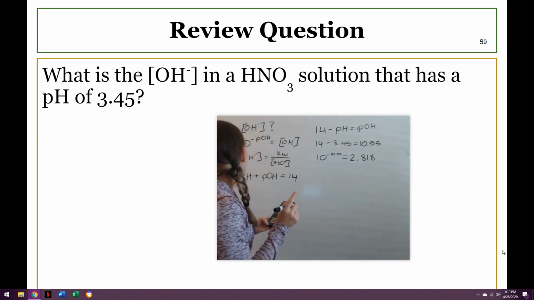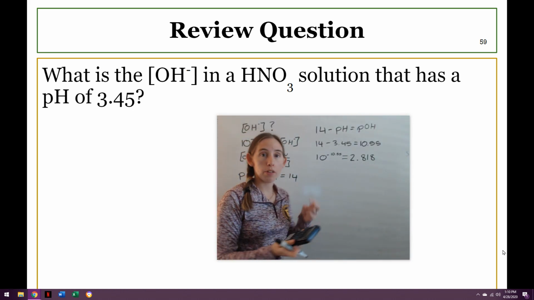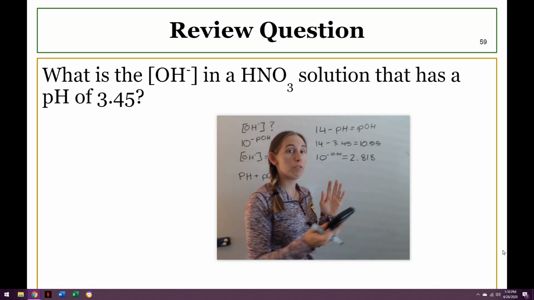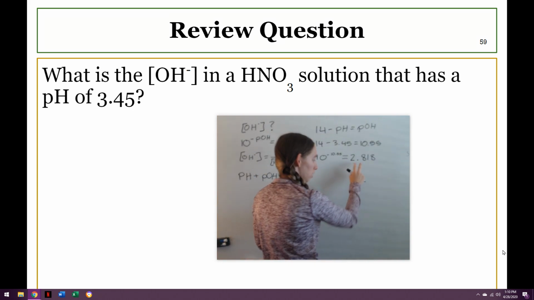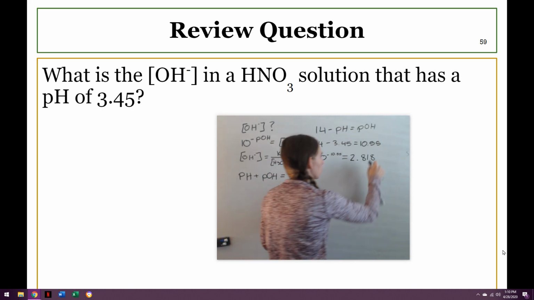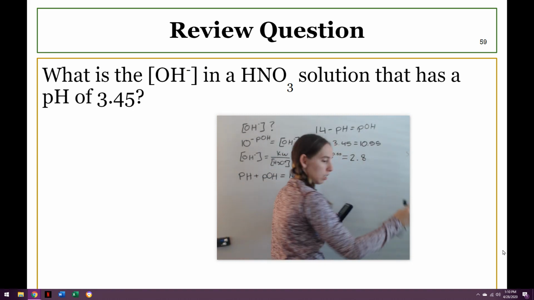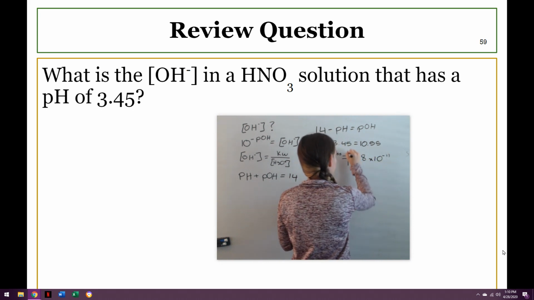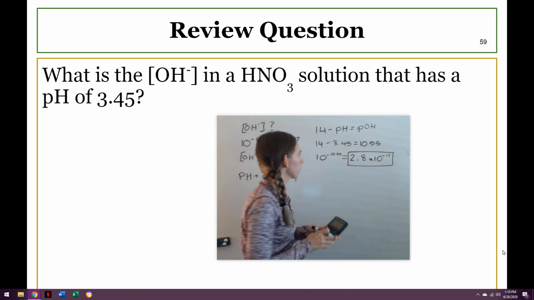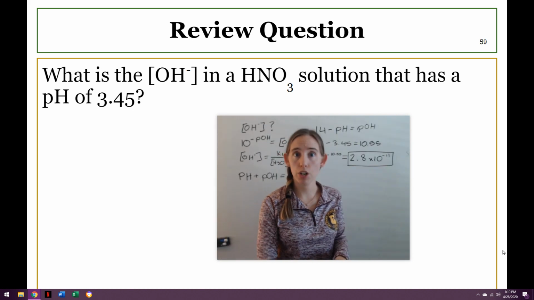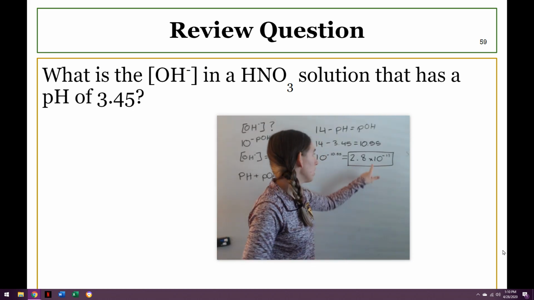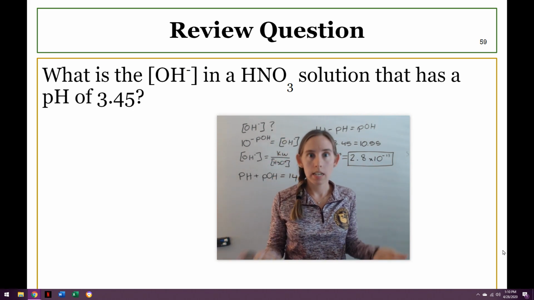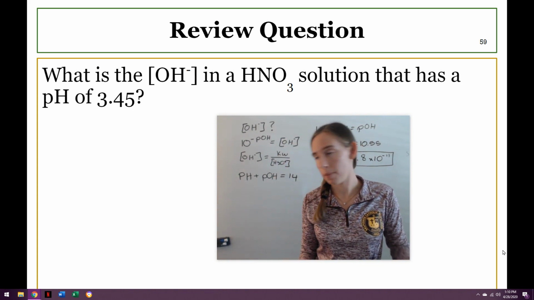Significant figures: our pH is given with two decimal places, so your end answer needs to just have two significant figures. So we're going to round it this way, times 10 to the negative 11. And that is your hydroxide concentration. That would make sense that you have a very, very tiny amount of hydroxide in an acid solution. This is nitric acid. In fact, it's a very strong acid.